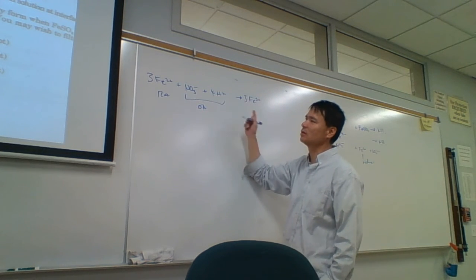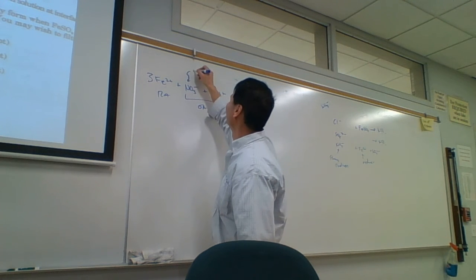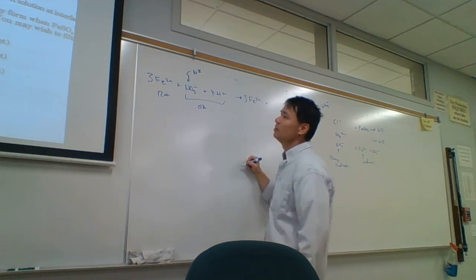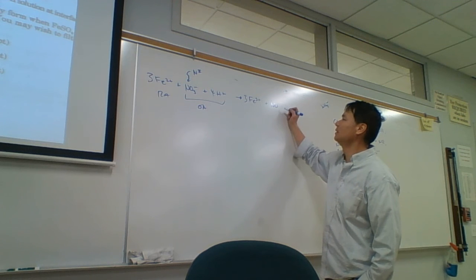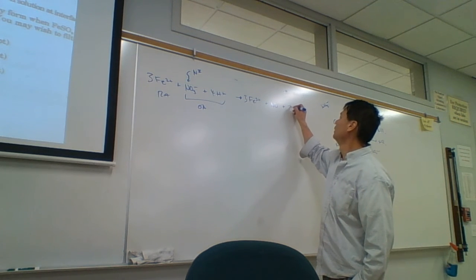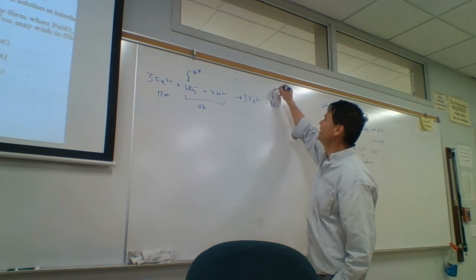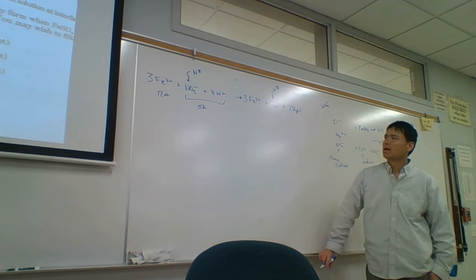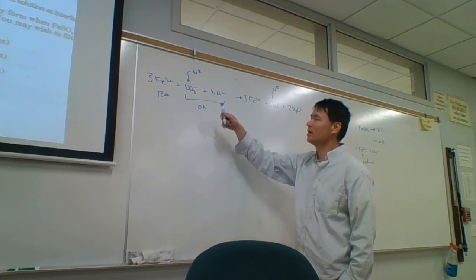So each iron 2 is going to lose 1 electron. And the nitrate, when we look at nitrogen here, nitrogen is in the +5 oxidation state. But it's going to be forming nitrogen monoxide, or nitric oxide here, plus 2 H2Os. In the nitric oxide here, we have nitrogen in the +2 oxidation state. And so nitrogen is going to go from +5 to +2. It's taking electrons from the iron 2.